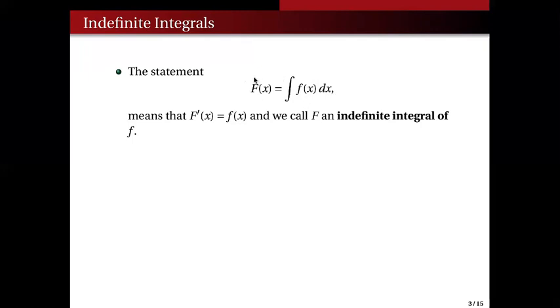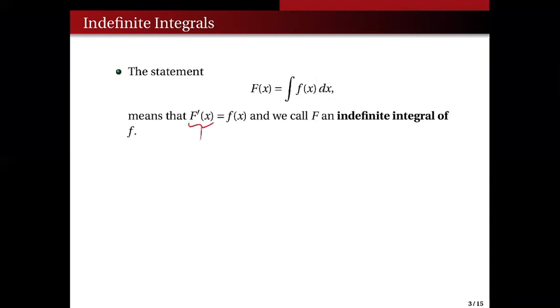And this expression means that the derivative of capital F of x is equal to small f of x. This is exactly what we mean when we take derivatives of integrals.